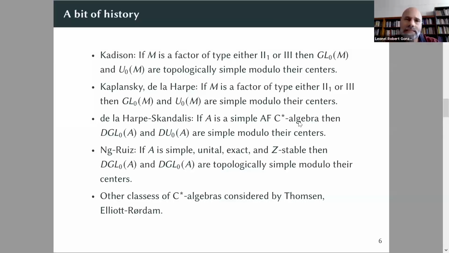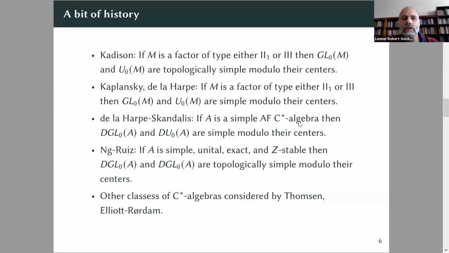That's the question of topological simplicity, meaning no non-trivial closed normal subgroups, and modulo the center means that after we divide by the center, that's the group that is topologically simple.